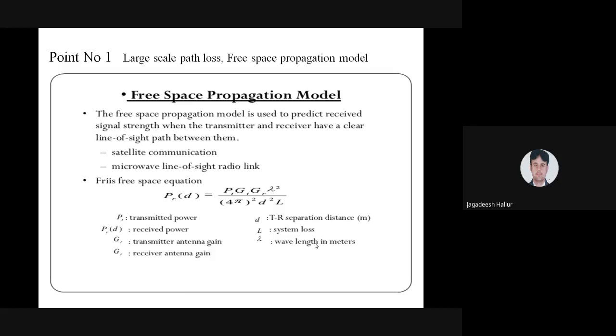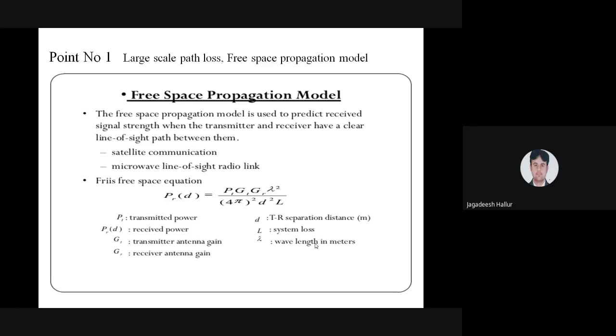Pr of d is equal to Pt Gt Gr lambda square divided by (4 pi) square d square into L. The individual parameters: Pt stands for transmitted power, Pr of d is the received power, Gt is the transmitter antenna gain, Gr is the receiver antenna gain, d is the distance between the transmitter and receiver, L is the system loss, and lambda is the wavelength in meters.